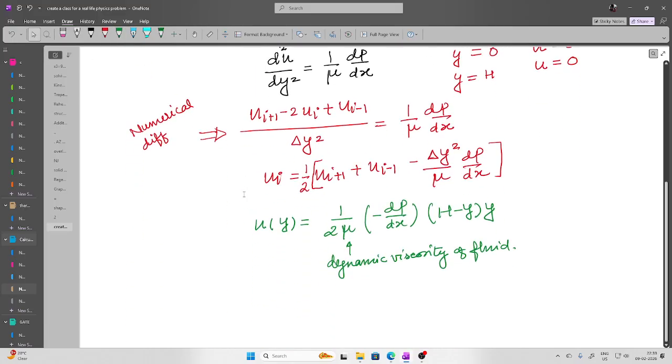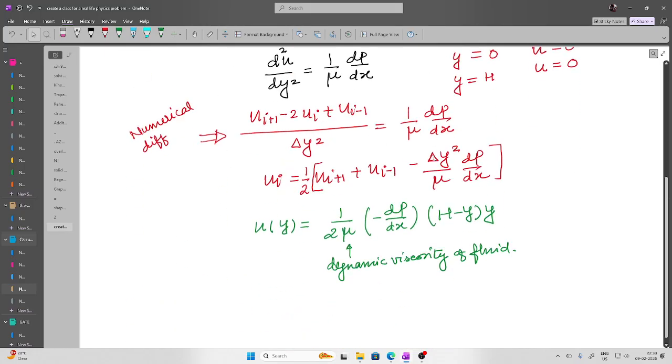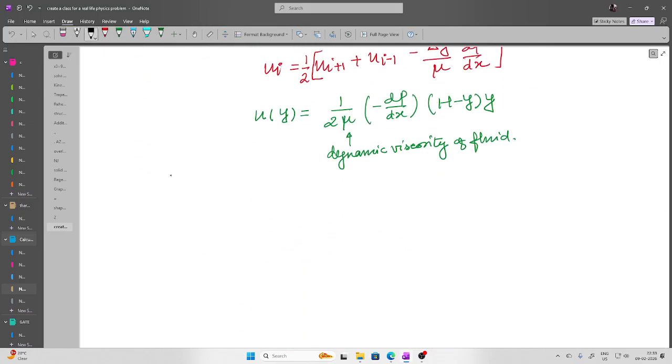Now this is basically a challenge for you: how to write a class for this. You can name the class channel flow.